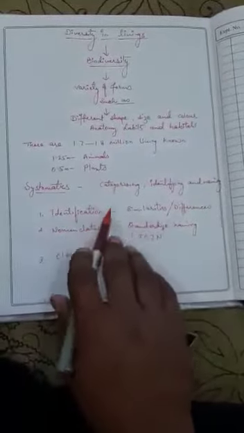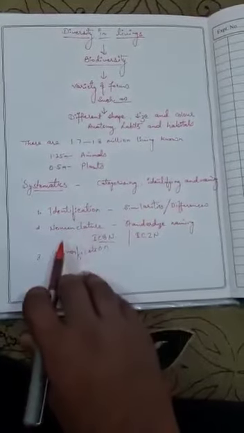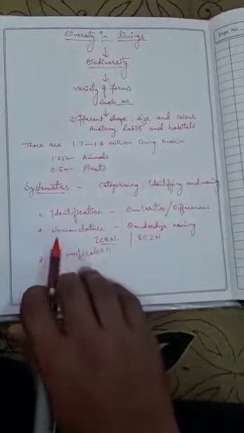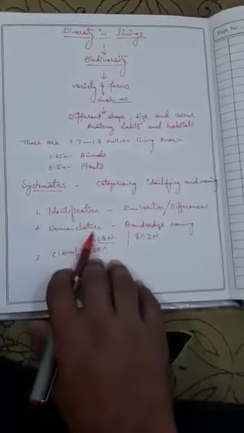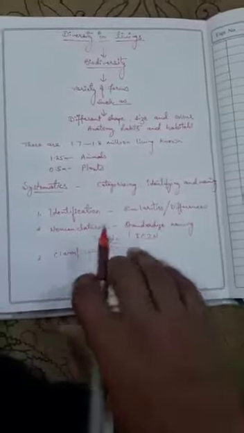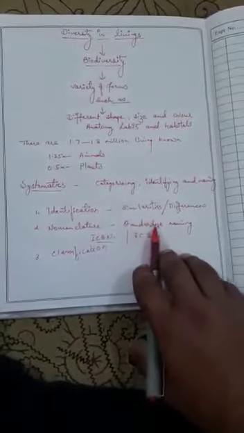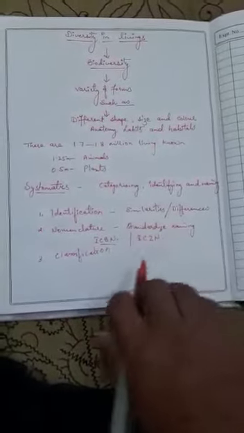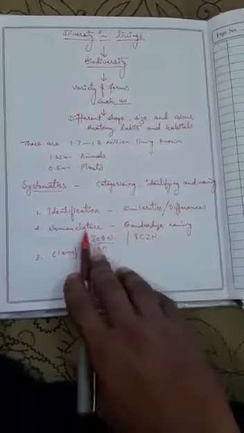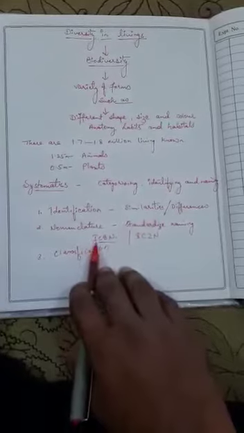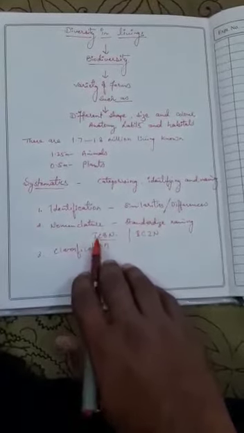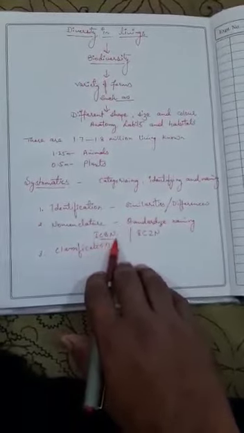Now, once the animal is identified, that animal is given a name, which is known as nomenclature. In nomenclature, standardized naming is done. If the organism is a plant, then the names are based on the International Code for Botanical Nomenclature.